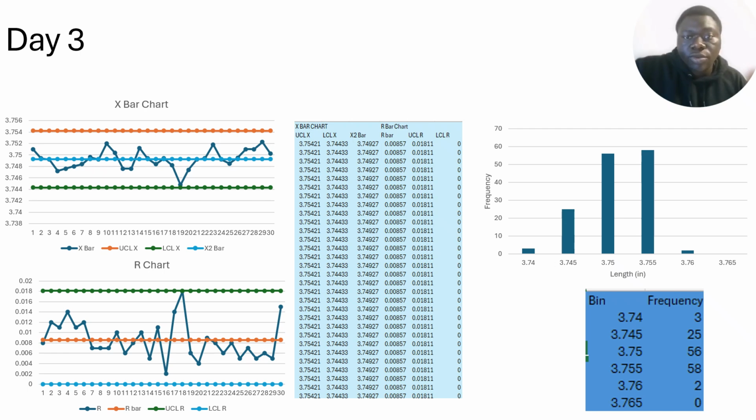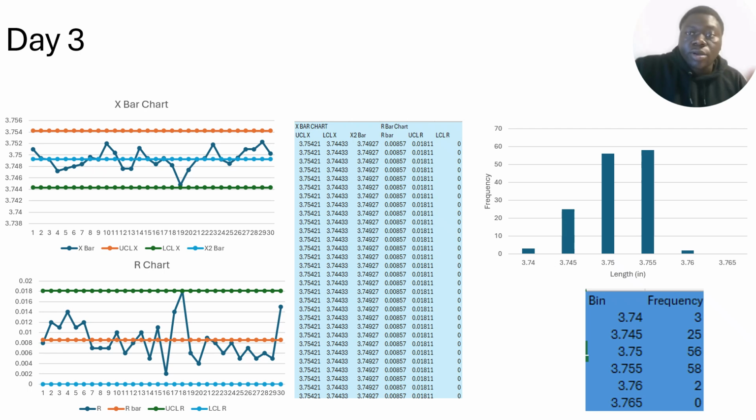I started at 3.74, found the smallest average number, and then added increments of 0.005 to each one. That then helped me find the frequency of that length.